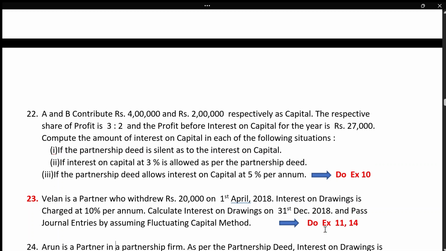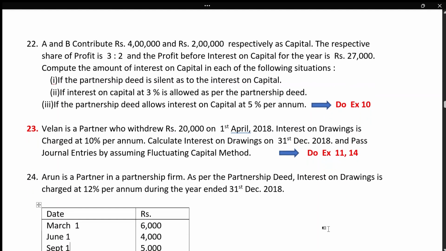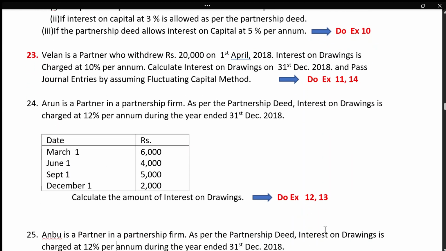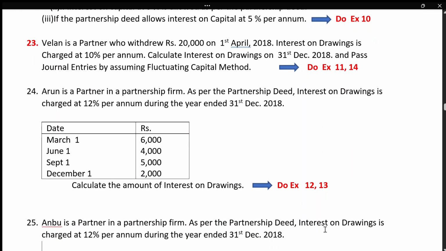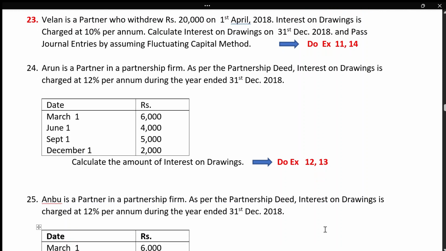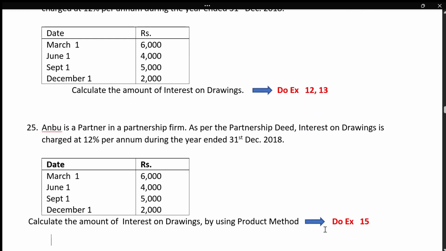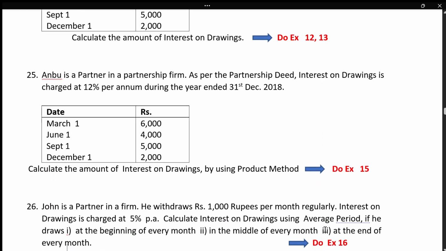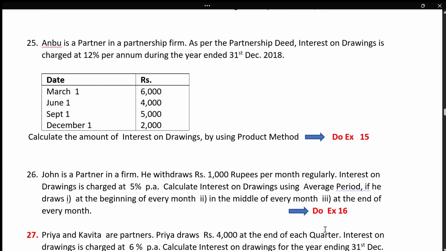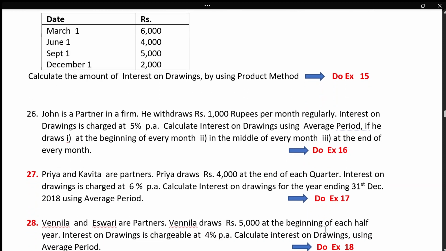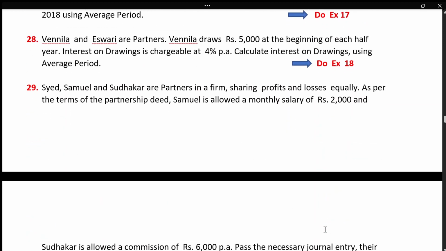So this is also a very easy sum. And then interest on drawings, with direct method, product method and average period method. These all are the sums.